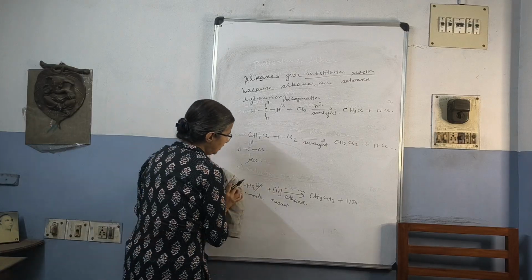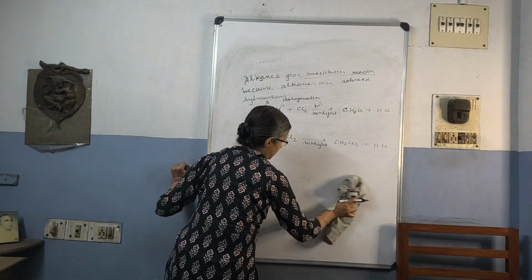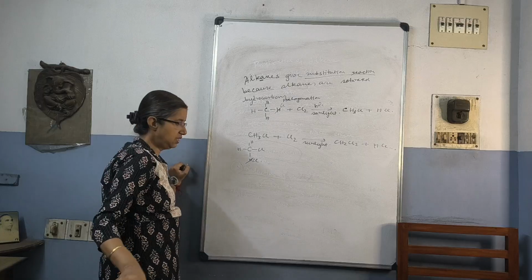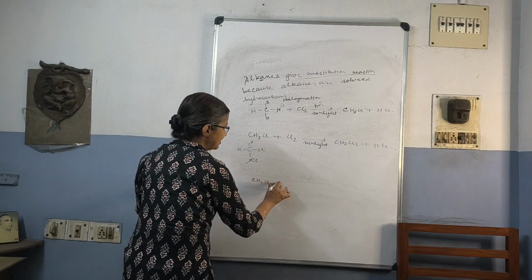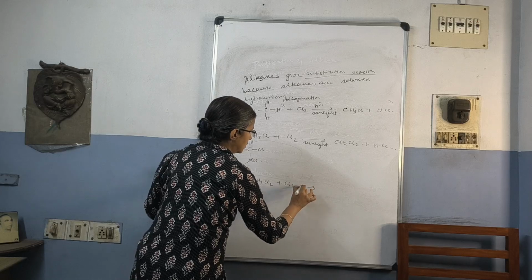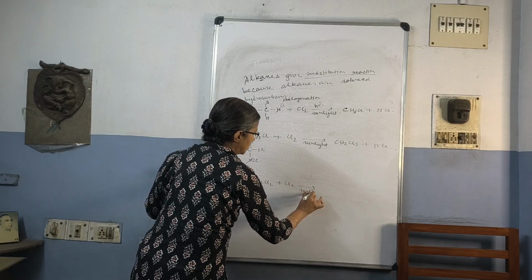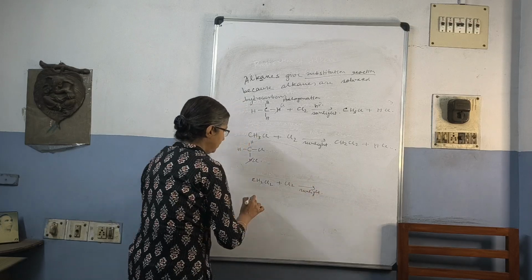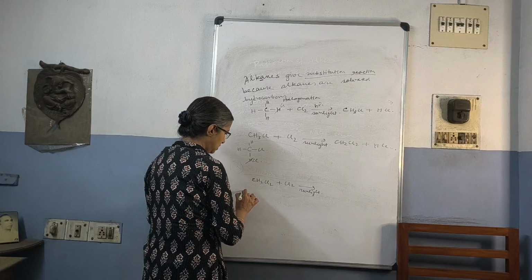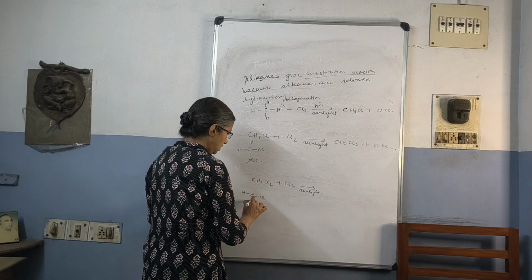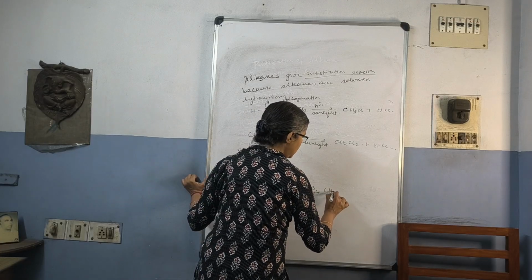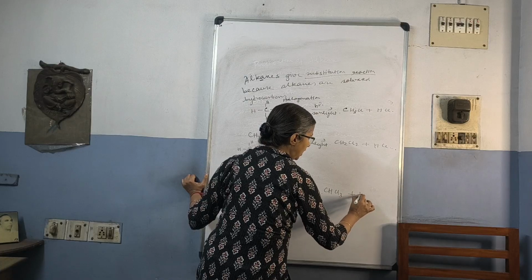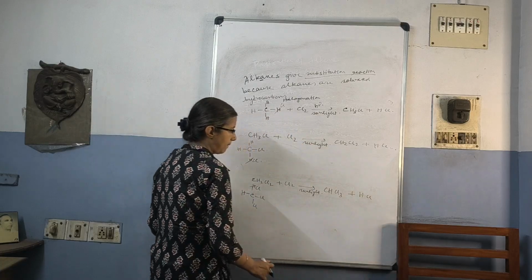Then CH2Cl2 plus Cl2 gives CHCl3 plus HCl.